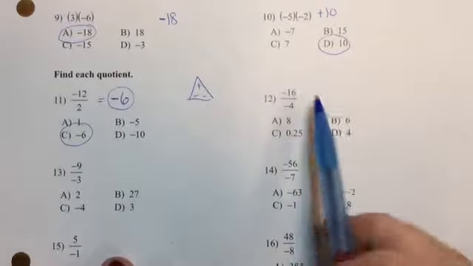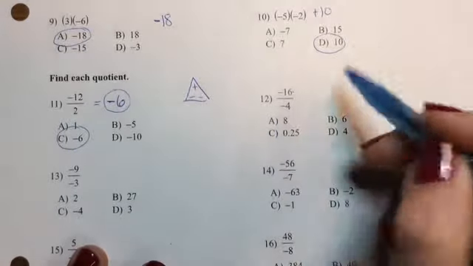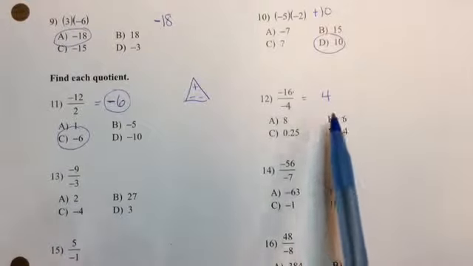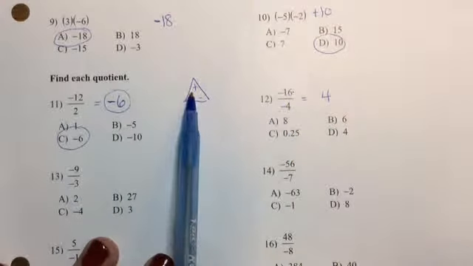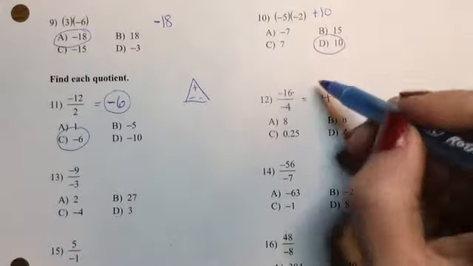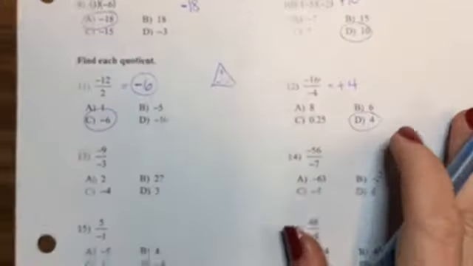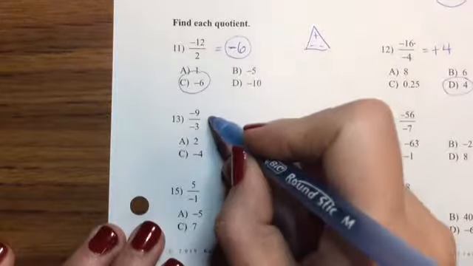All right, number 11, we got negative 12 divided by positive 2. Well, 12 divided by 2 is 6. But a negative and a positive, when you're multiplying and dividing, will always give you a negative. So it's a negative 6. We have 16 divided by 4. 16 divided by 4 is 4. Is it a positive 4 or a negative 4? Well, if we have two negatives, we cover those up, and we're going to be left with a positive. So the answer is positive 4. Number 13, negative 9 divided by negative 3.